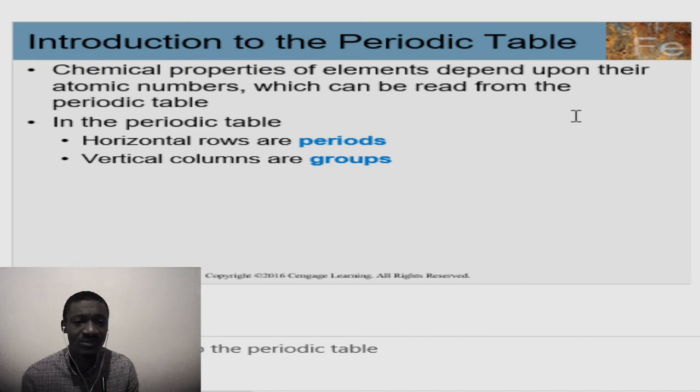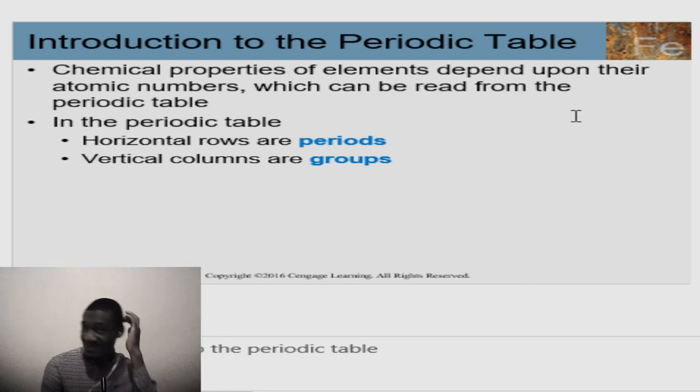So the chemical properties of elements depend upon their atomic numbers, which we can read from the periodic table. Remember, the atomic number is in sequence. If you have 1, you have 2, 3, so it goes in that order.